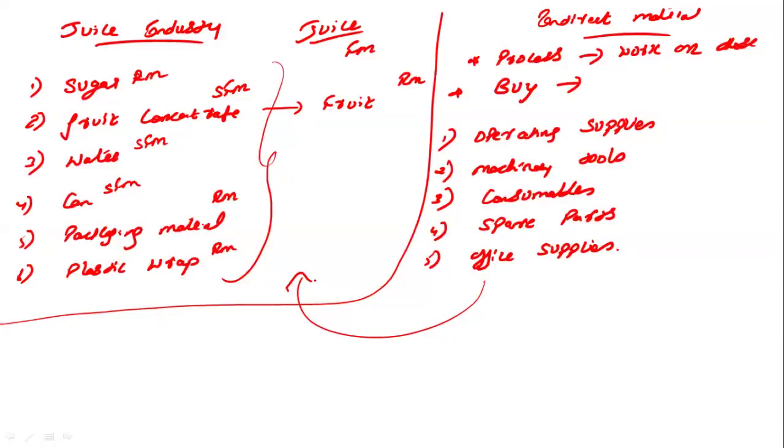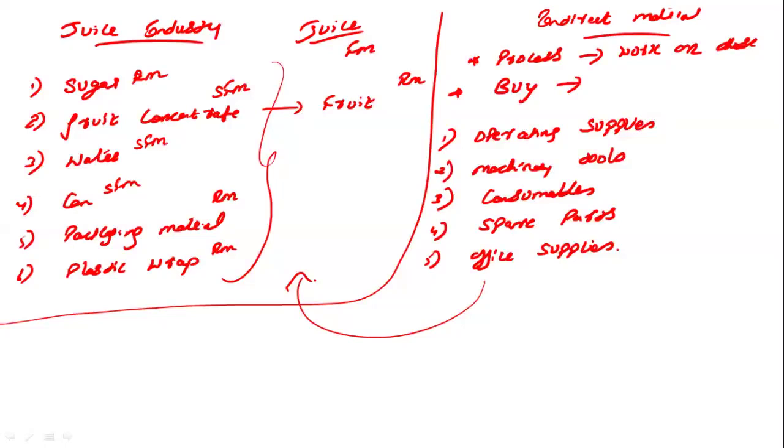The materials which are used directly in manufacturing and go to the customer are called direct material. The materials which are used in the backend but not sold to customers are indirect materials. And then there are services which we purchase. If we get a machine repair, then a service person will come, do the service and go.